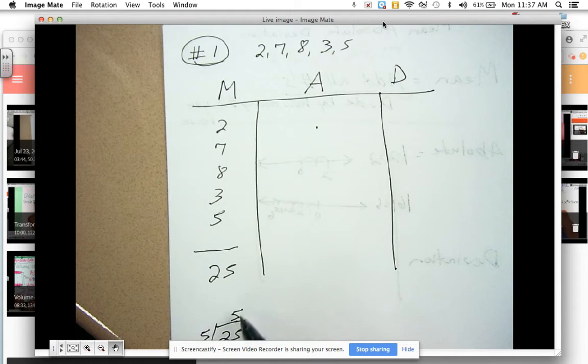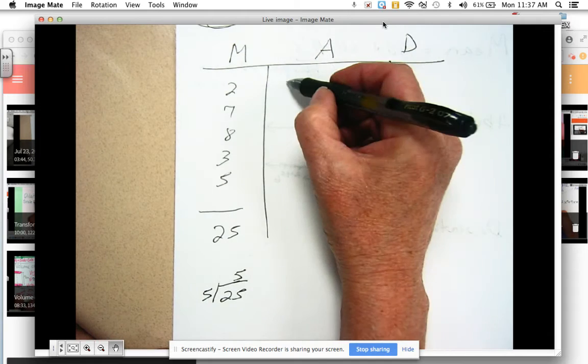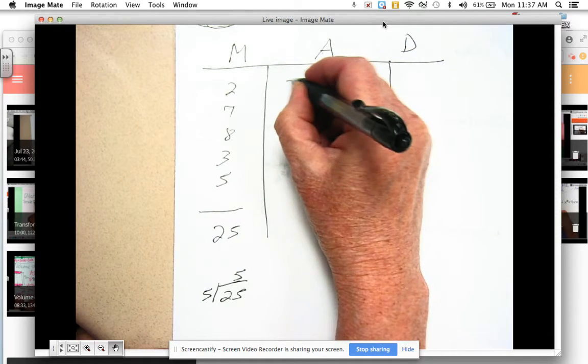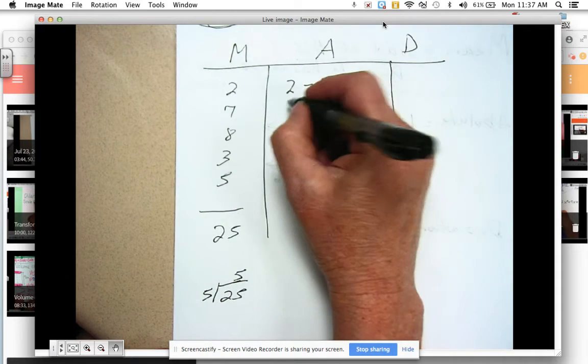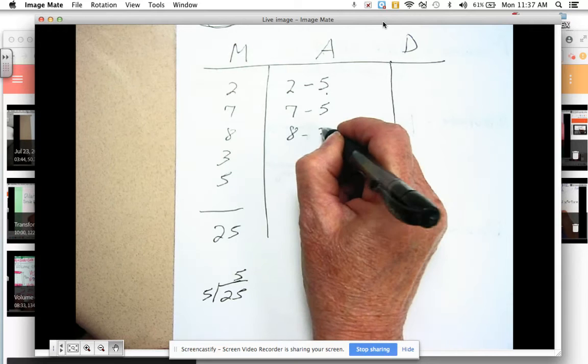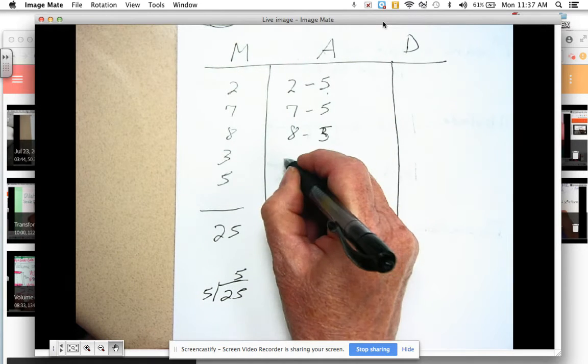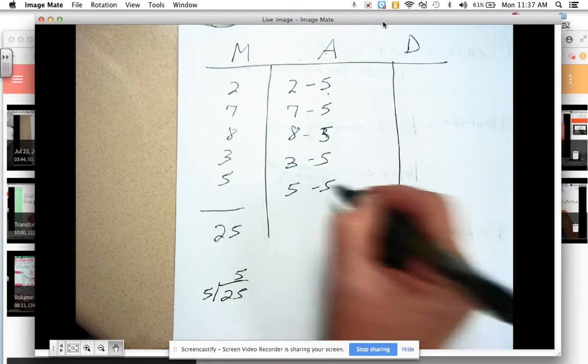With the mean from our first set of data, we're now going to take it back up here and rewrite these numbers. 2 minus the number we just got right here. 7 minus the number. 8 minus the number. 3 minus the number. And 5 minus the number.